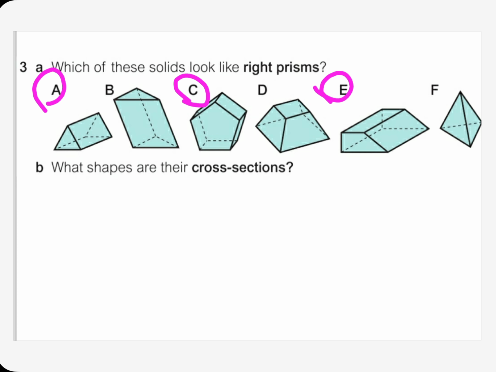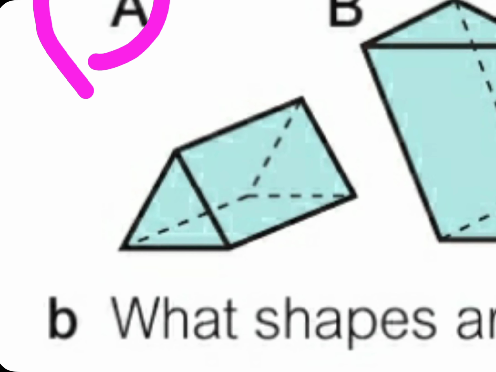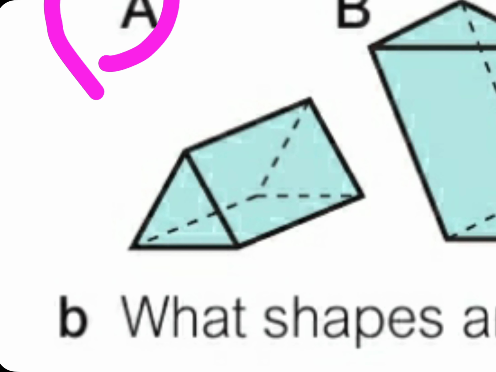Now, what about question B? What shapes are their cross sections? When we talk about the right prism's cross sections, we can know the shapes from the beginning and the end of the prism. We don't have to imagine the cross section inside because it's obvious. For example, when you look at A, what do you think the cross section is? Very good, it's a triangle.